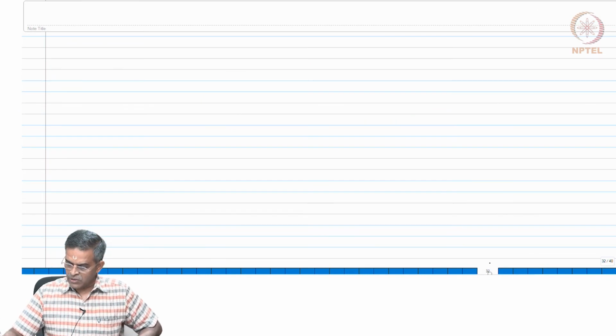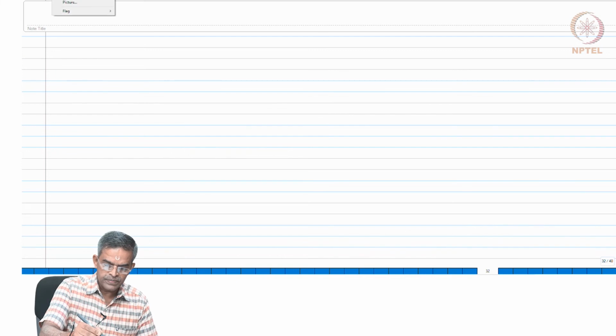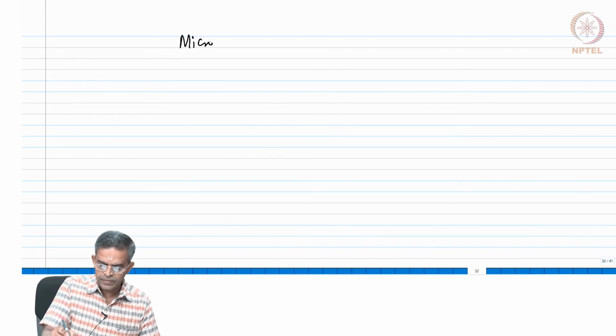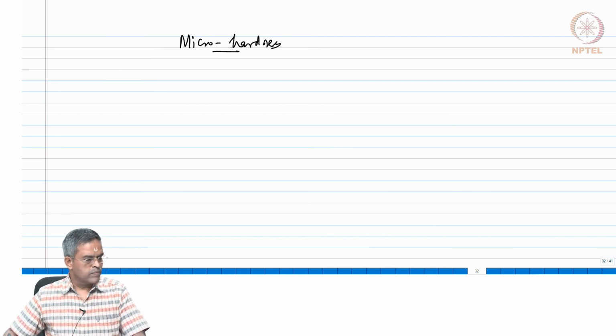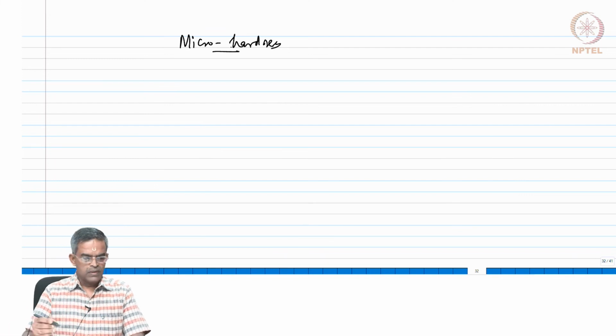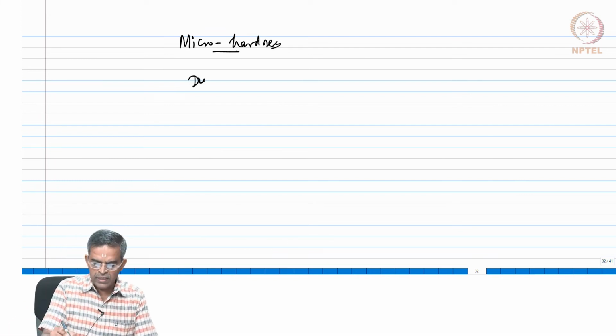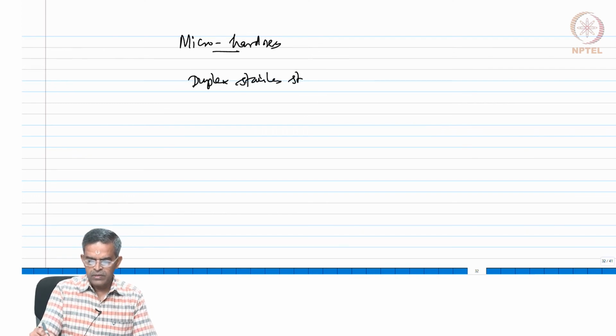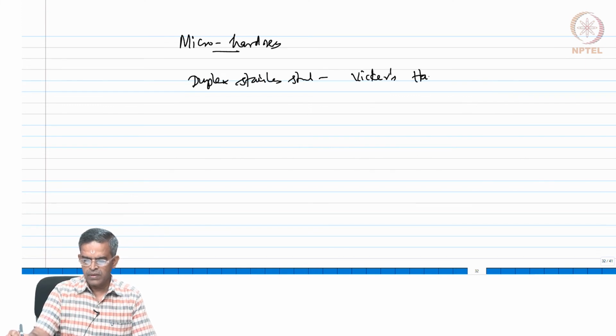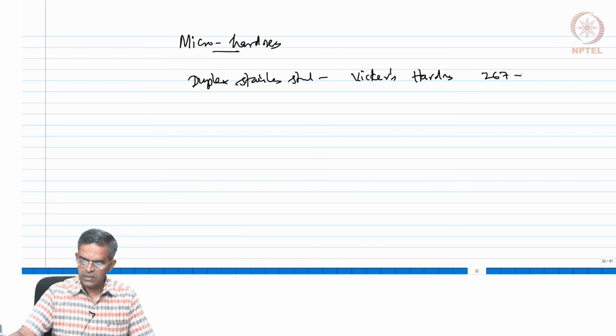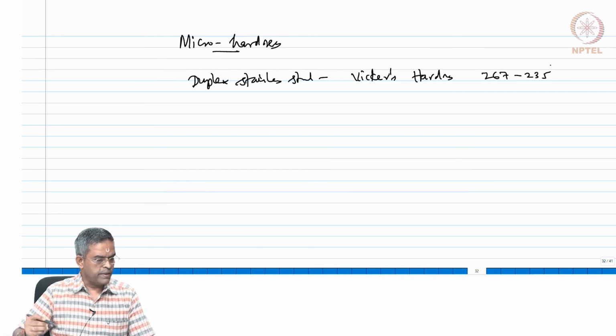A micro hardness test was conducted. Using Vickers hardness, the duplex stainless steel showed Vickers hardness in the range 266 to 235.